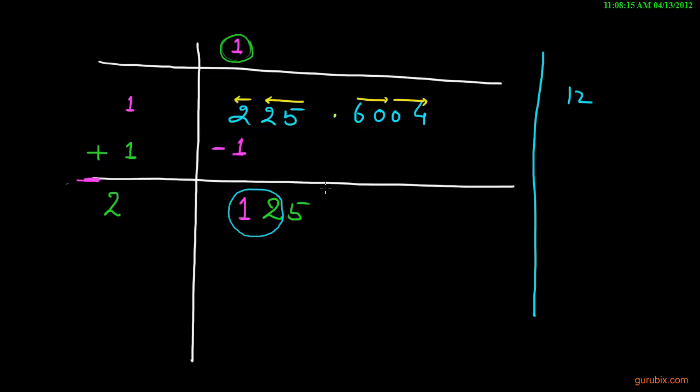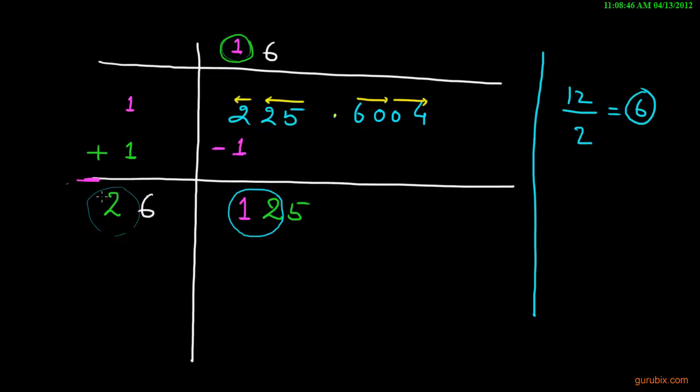Now we shall divide this 12 by this 2, so we get 6. Then the next digit in the quotient will be 6 or less than 6, so let us write 6 in the quotient and 6 here.